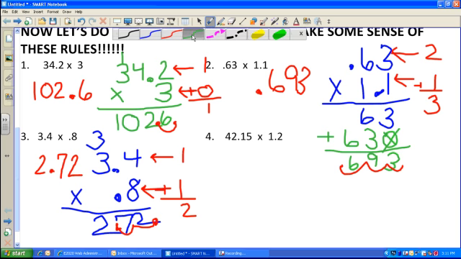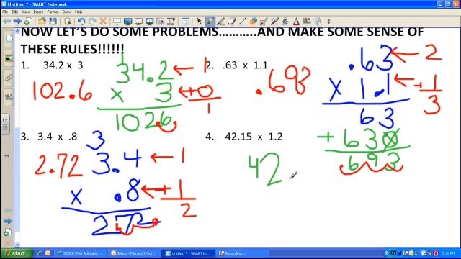And the last problem we're going to look at is number 4. That's 42.15 times 1.2. First rule, multiplying is rewrite your problem. 42.15 times 1.2.